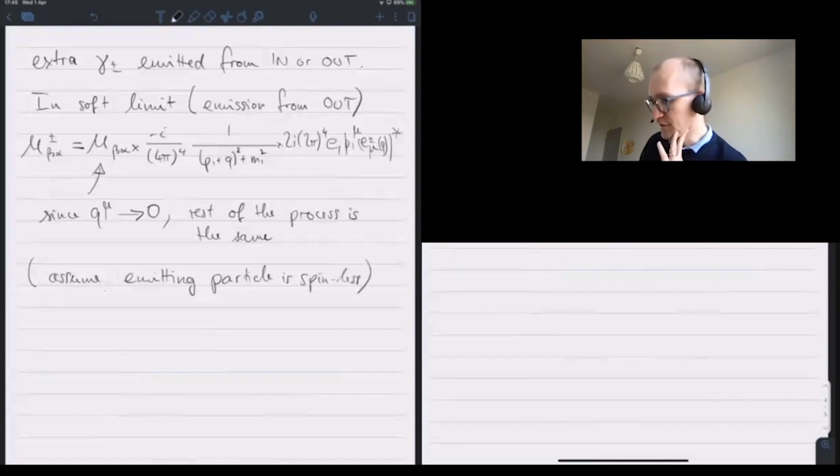The only difference to the emission from the inline is related to the sign factor here, which will lead to an overall sign. You can understand that because of momentum conservation. But now let's look at this denominator.